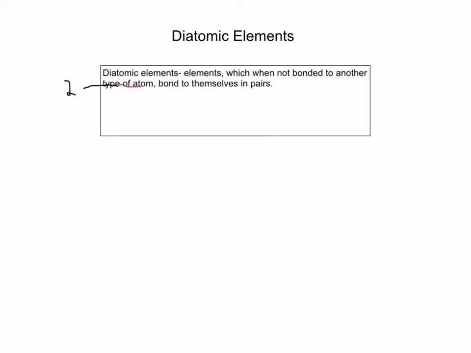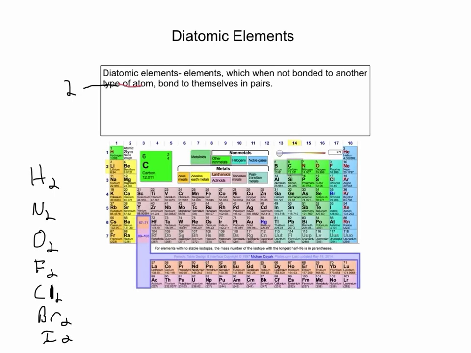There are 7 of these that we have to be aware of. These are hydrogen, nitrogen, oxygen, fluorine, chlorine, bromine, and iodine. And there's a really easy way to remember what the diatomic elements are.